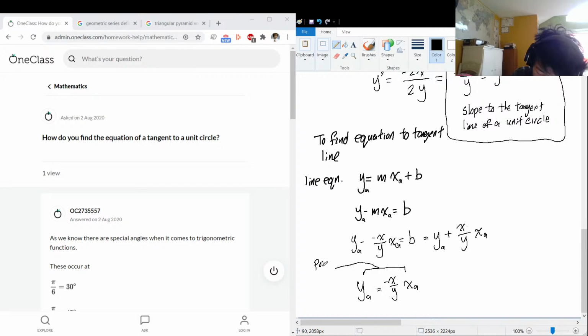So those are points on the tangent line, and those x and y's, let's say xc and yc, are points on the circle.